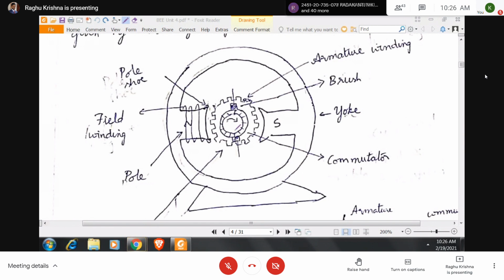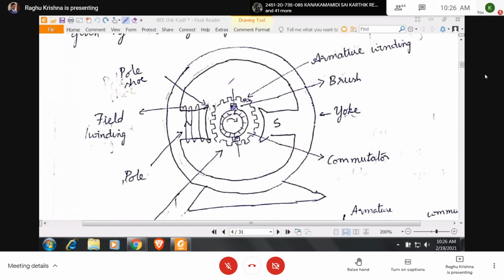When the armature is rotated, you have the magnetic field. Whatever conductors are there, they will cut the magnetic flux, and EMF will be induced in the conductor, and the conductors are connected to this commutator. The commutator will convert AC to DC, and the current flows through these brushes.